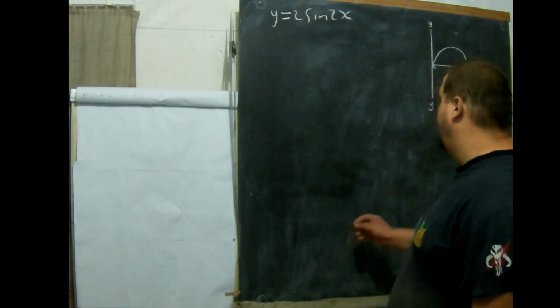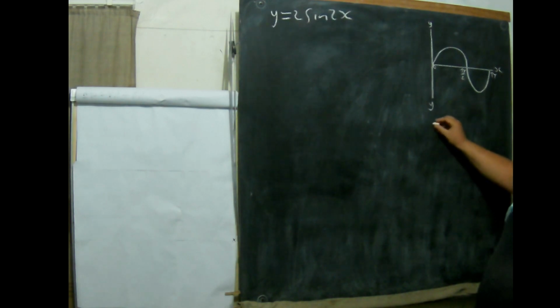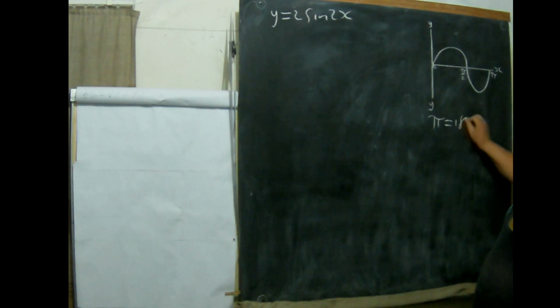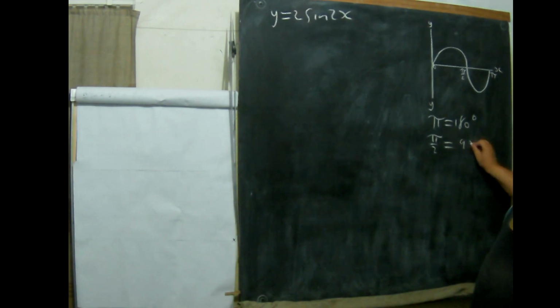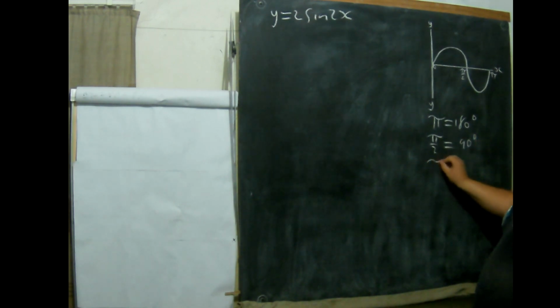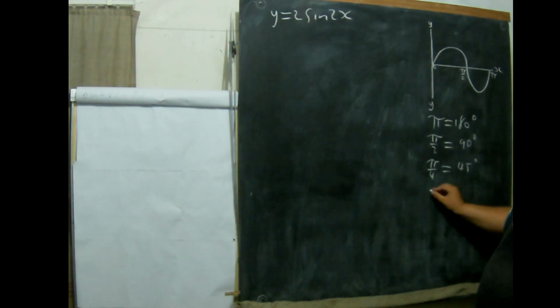Now some of you might not know what pi over 2 and pi mean, so I'm going to draw you a quick list. Pi equals 180 degrees. Pi over 2 equals 90 degrees. Pi over 4 equals 45 degrees.